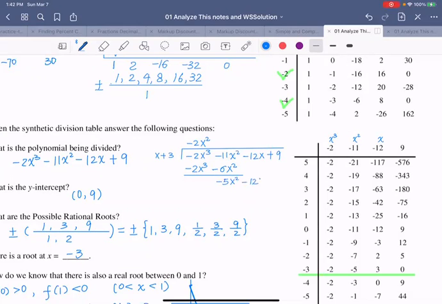Bring down the -12x. At the top, you write -5x. And then at the bottom, you write -5x squared minus 15x. Subtract, so the -5x squared cancels out, and then you're left with 3x plus 9. And then you put plus 3 at the top, and that's 3x plus 9. Perfect.